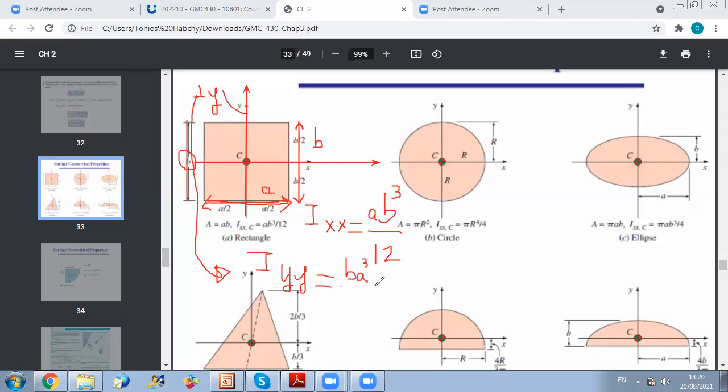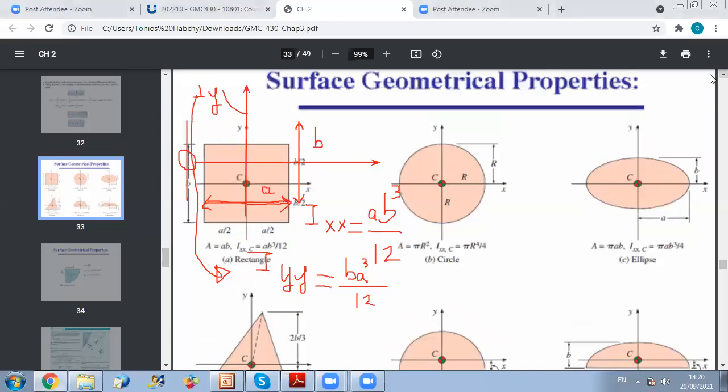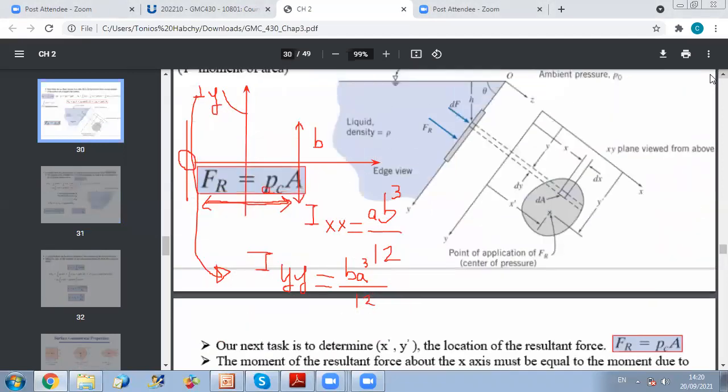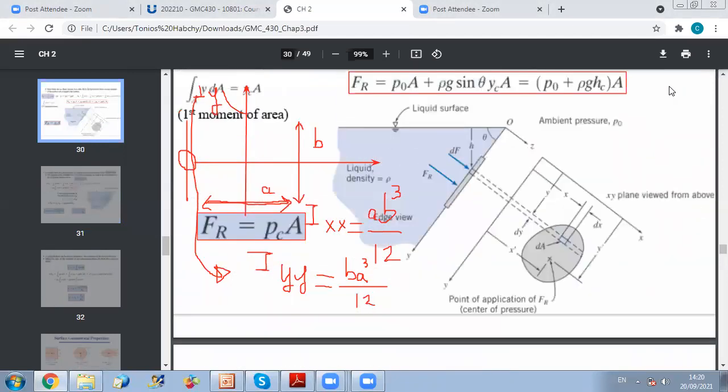Okay. So you will look at what is your axis of interest. In general, when we talk about our application, if I look at this surface, I will look at the inertia about the axis that is this one, the x-prime axis. This is the x-axis passing by the centroid. So let's say our centroid is here.